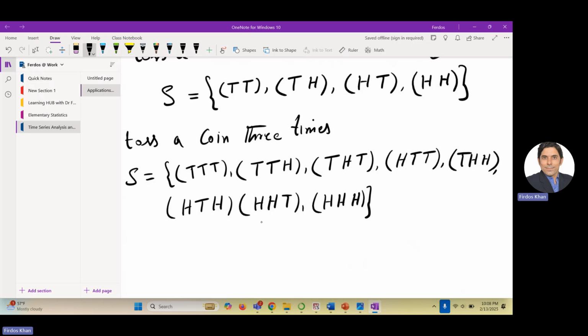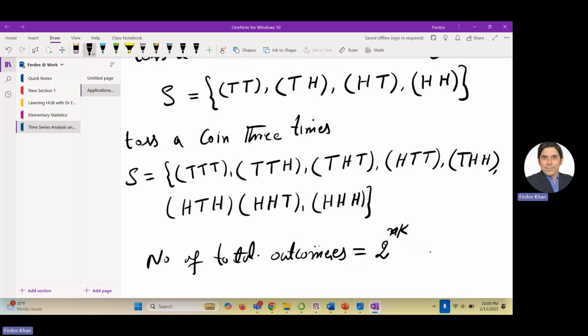Remember that you can find the number of outcomes by the formula: total number of outcomes is equal to 2 power n. N is how many times you repeat it. Maybe you can write k instead of n.